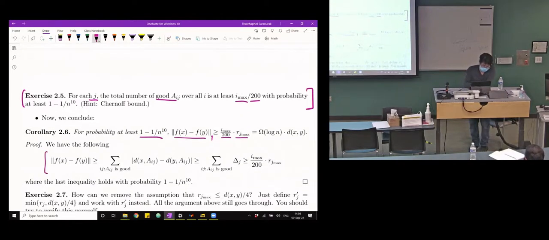And the calculation is the same, right? Instead of summing over all ij, you're summing over all ij such that the set is good. And for this good set, you get contribution at least delta j, which sums up to be R_j max.